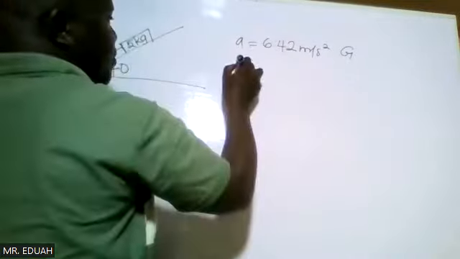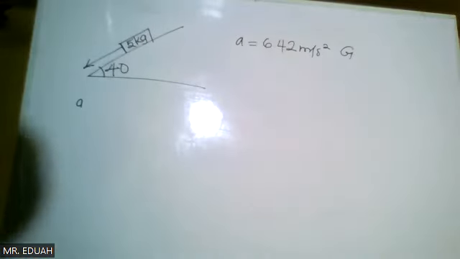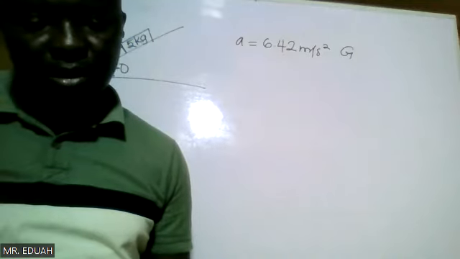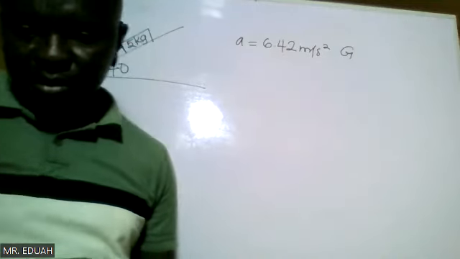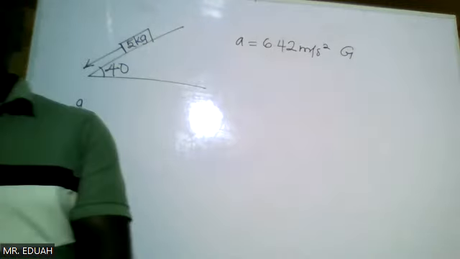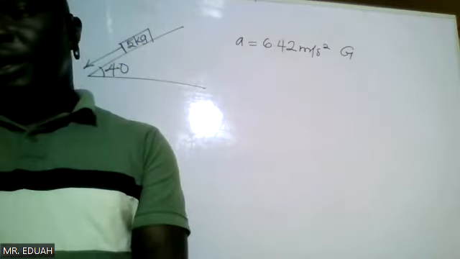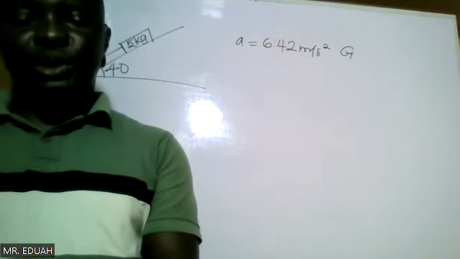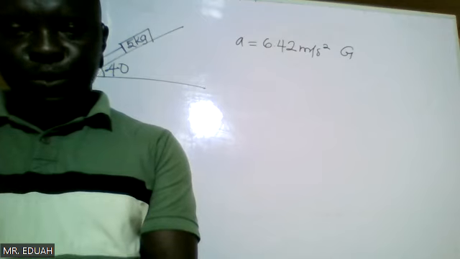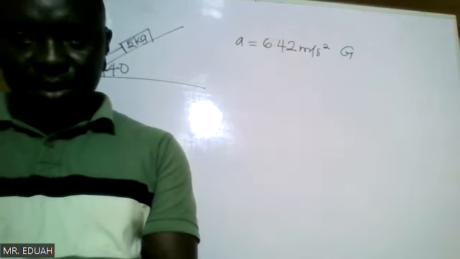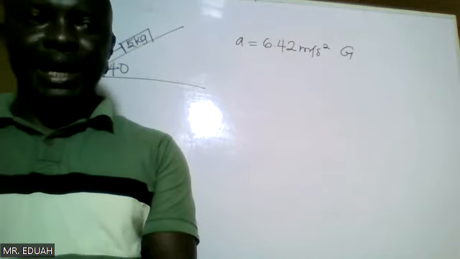Equia, what did you get? 6.43. Okay. Mr. Deputy, that is the same answer. Adwa Otubia, 6.43 meter per second.